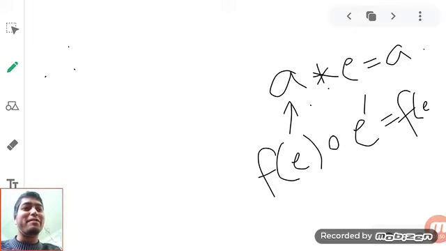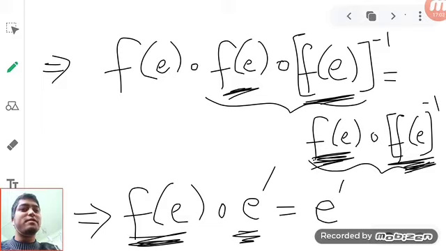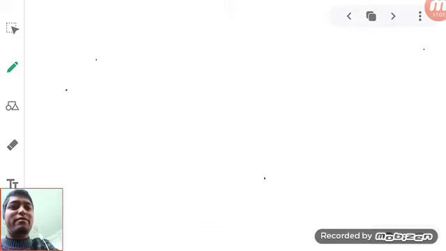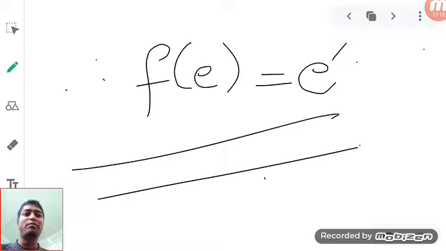This works for any group, in fact. An element composed with the identity leaves the element unchanged. So F(E) O E dash will give you F(E), and the right hand side is E dash. So this completes the proof.